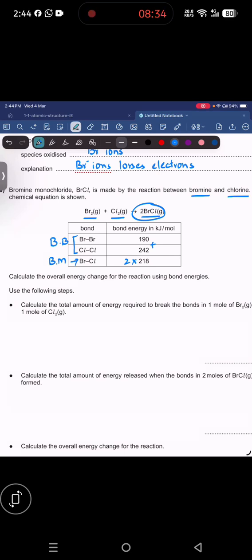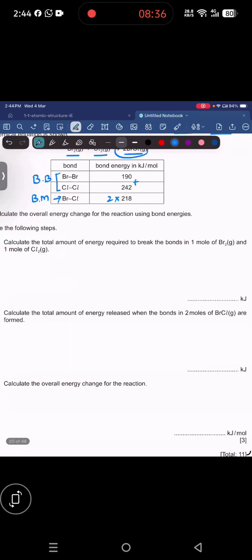Now calculate the total amount of energy required to break the bonds of 1 mole of bromine and 1 mole of chlorine. So chlorine-chlorine and bromine-bromine. The chlorine-chlorine value is 242. The bromine-bromine value is 190.